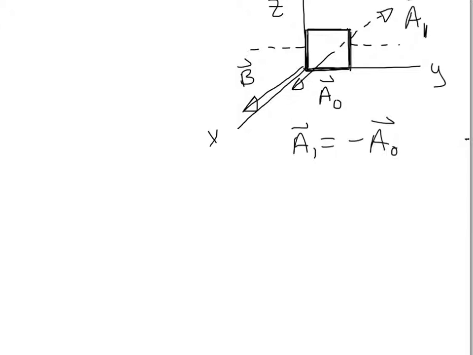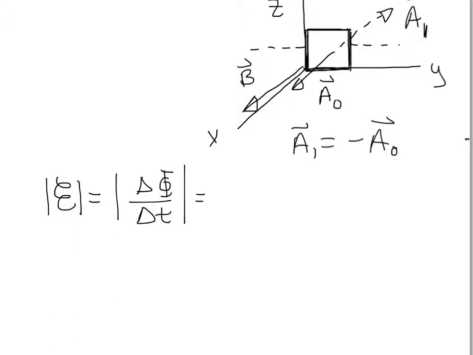So let's apply the law here. The EMF, and here we're just interested in the magnitude of it, will equal the ratio of the change in flux over the time, which is the final flux minus the initial flux over delta t.